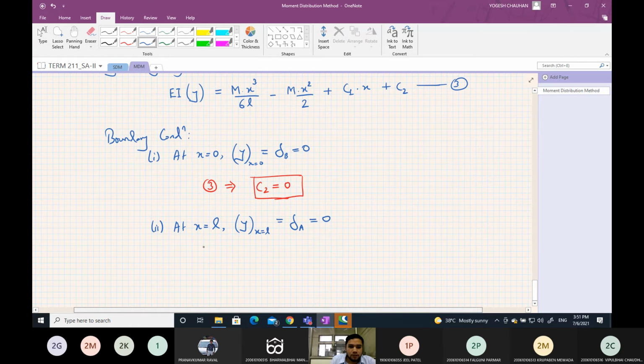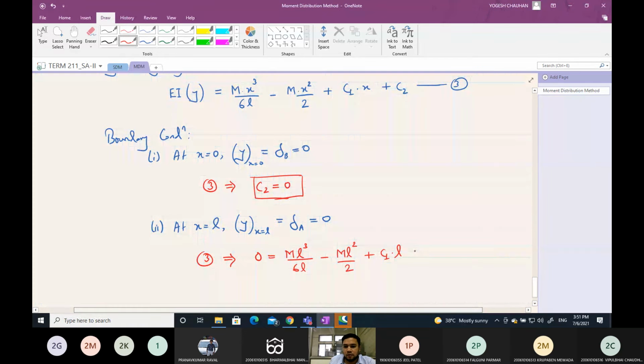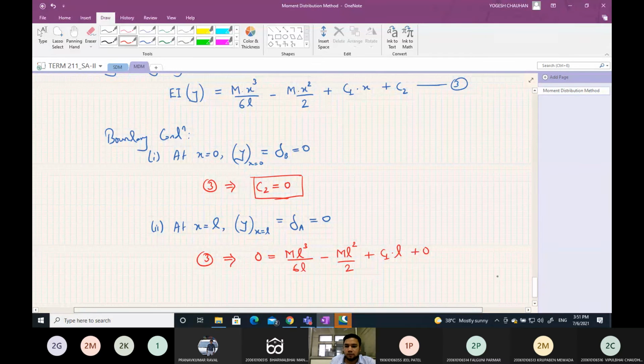So again from equation 3, we get 0 is equal to M l cube by 6l minus M l square by 2 plus c1 into l plus 0.